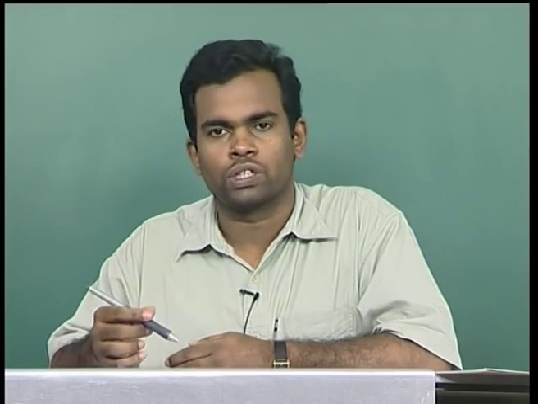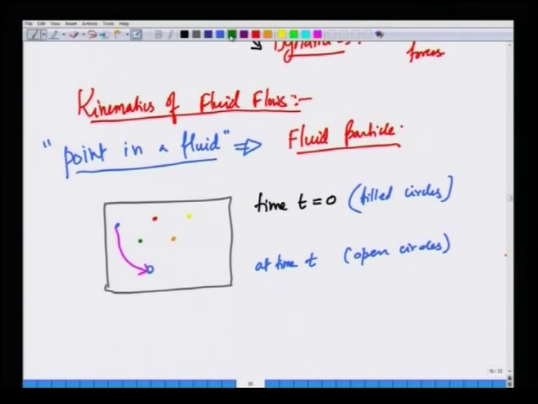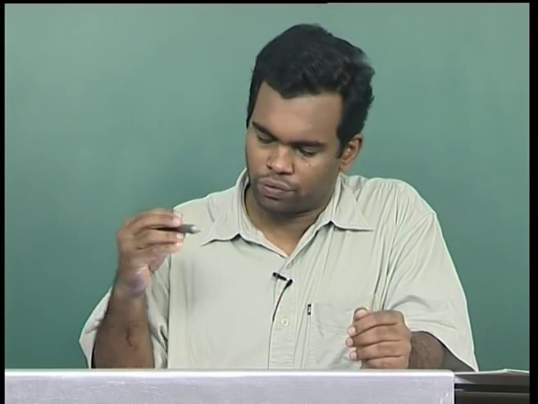The fluid is moving presumably due to application of some forces. So, essentially we have a bunch of points that are marked by colored dye, and we are assuming that the dye molecules do not diffuse, so that they just stay put wherever they are, and at time t equal to 0 there is no forcing on the fluid.